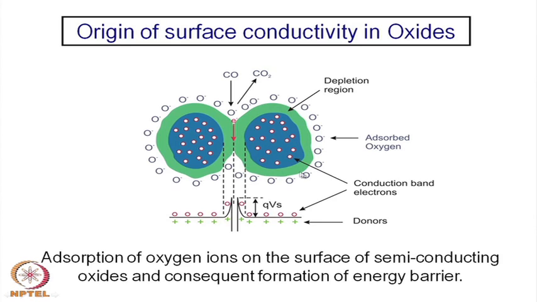The conduction electrons are here as well as in the band here, and these are oxygen with one negative sign, so O minus, and that forms a layer automatically on its own. It does not need any external influence to create that.